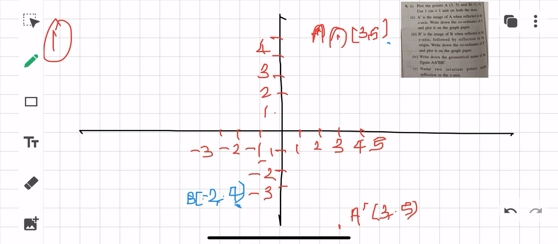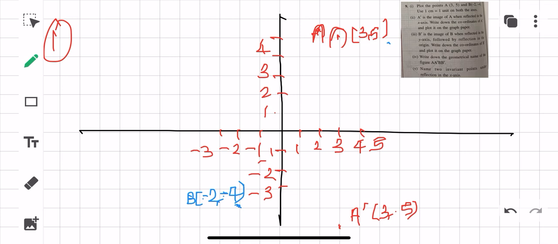Okay, A dash is reflected in x axis and B dash is reflected along y axis. So if it is reflected along y axis, y coordinate is going to remain same and x coordinate is going to change. So this is going to be what? This is going to be 2 comma, minus 2 comma 4. Okay, just a second, students.